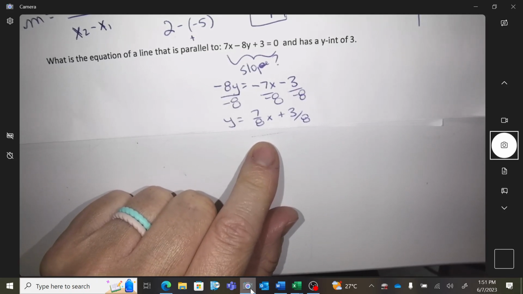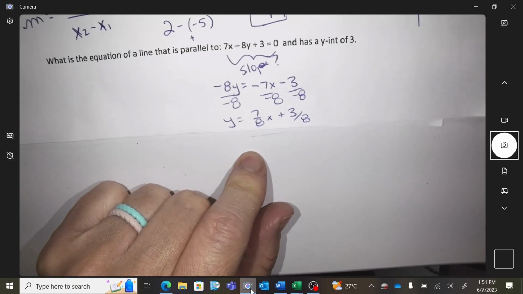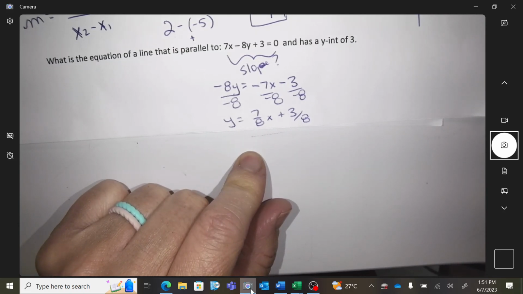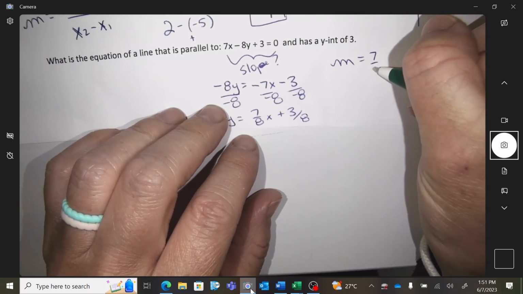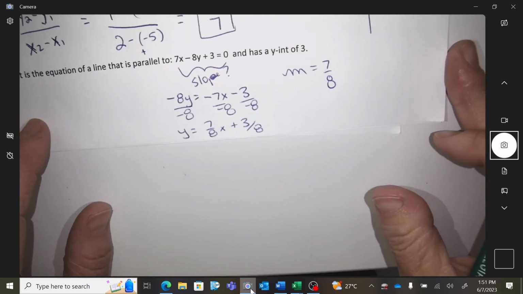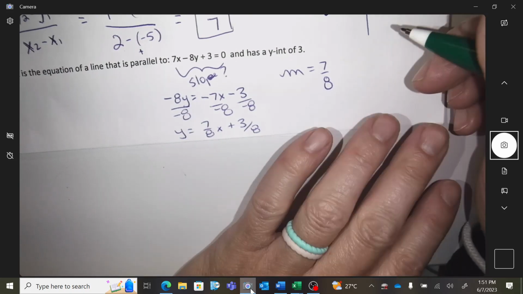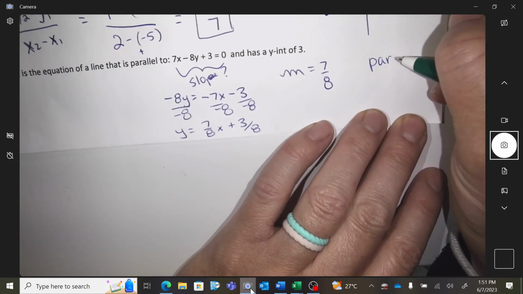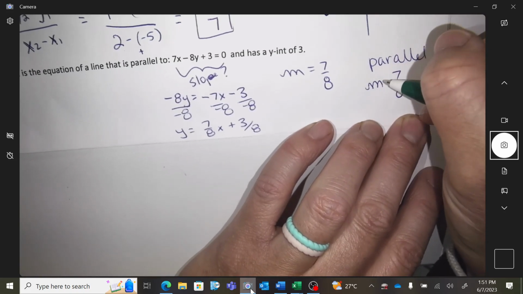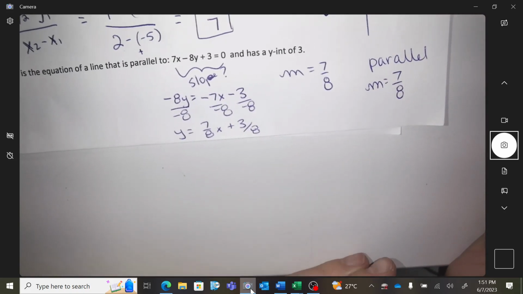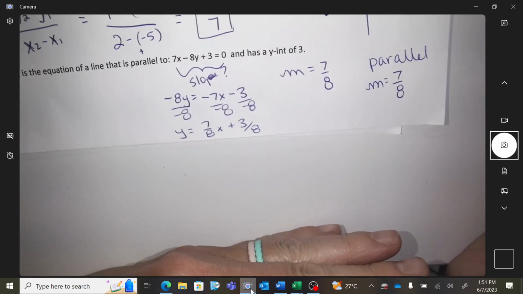Okay, how did our algebra go? Did we all end up with a slope of 7/8? Okay. Now, what does a parallel slope mean to you? The exact same. If you are parallel, you have the exact same slope.